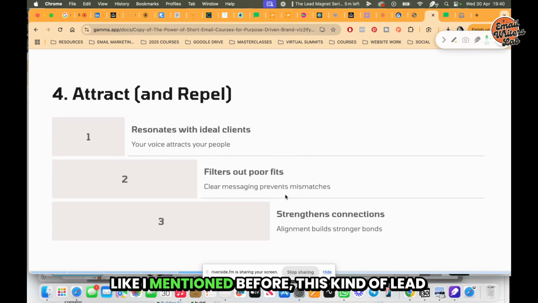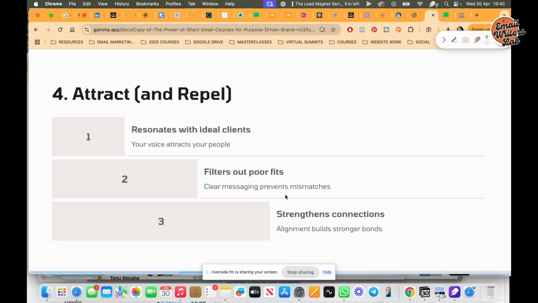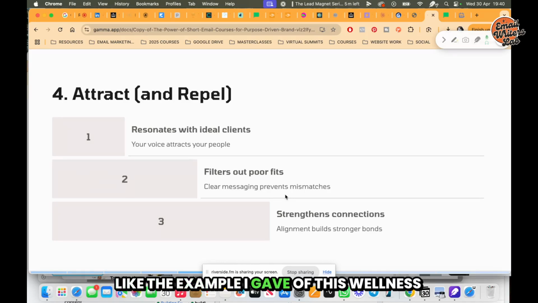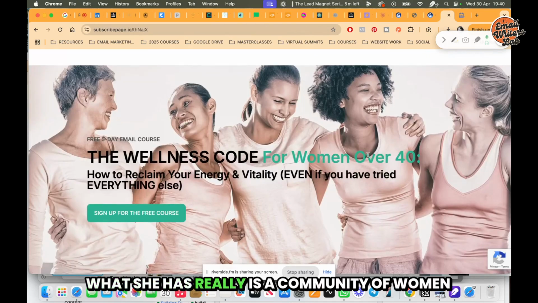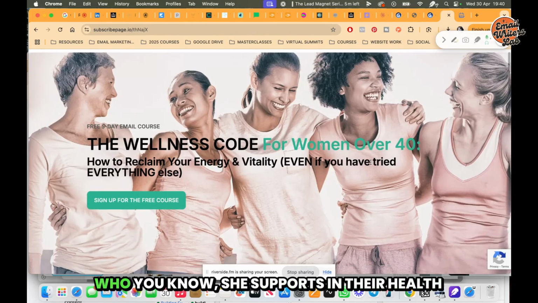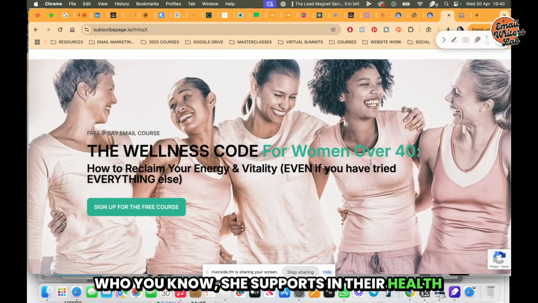So, like I mentioned before, this kind of lead magnet is great because it resonates with people who are going to be more likely to work with you. Like the example I gave of this wellness course, what she really has is a community of women whom she supports in their health and well-being and helps to prevent burnout.